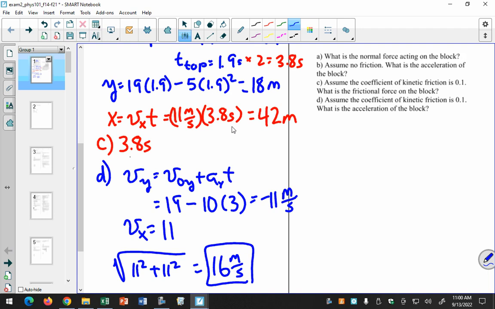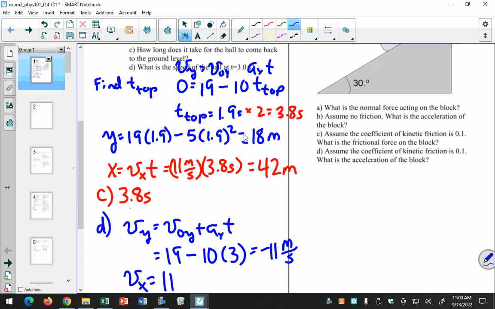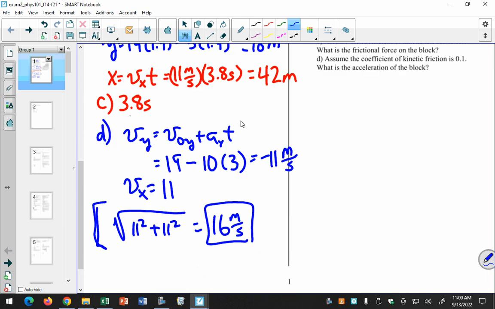Right here, where I did right here. Yeah, I wanted to know the speed of the object. It asked, what is the speed of the object at t equal 3 seconds? I calculated the y component, and I knew the x component. So I have an x component like that, my y component like that.